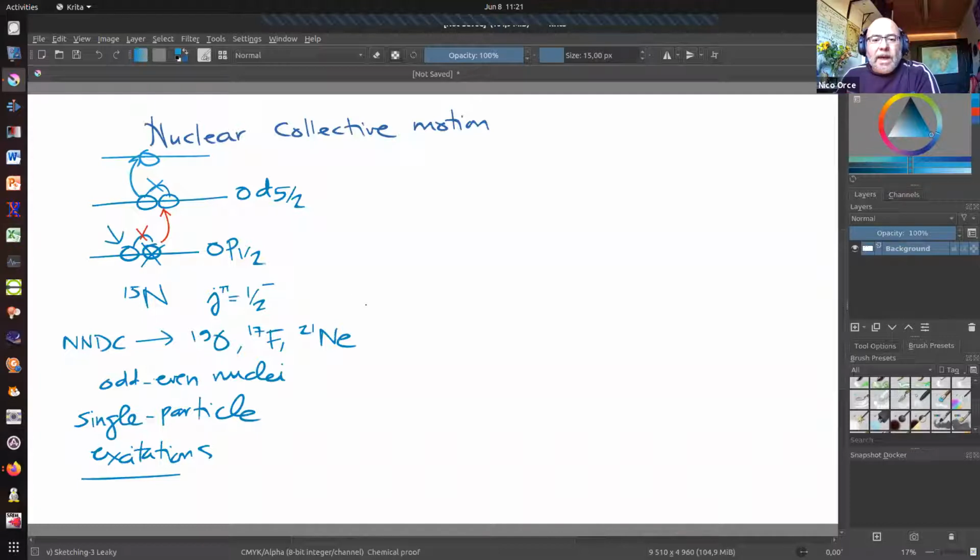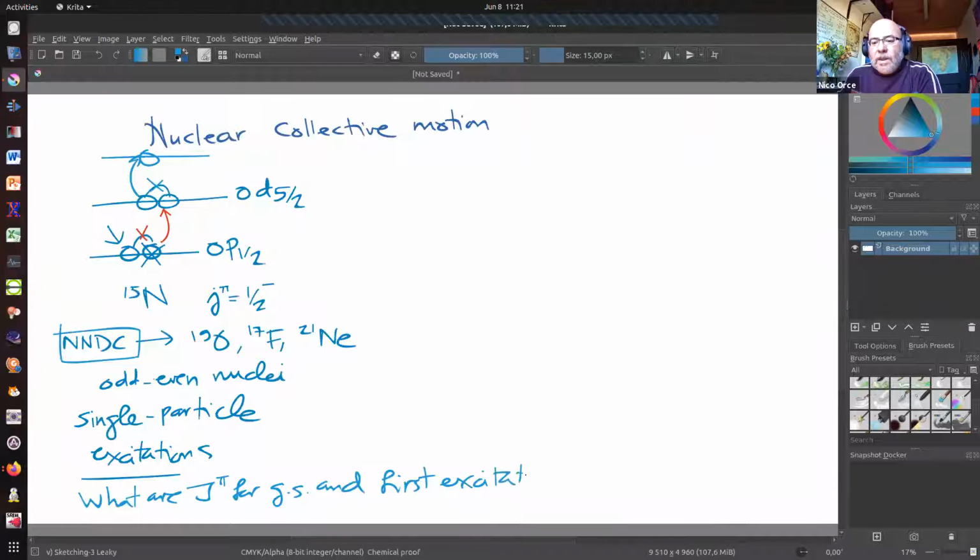But I want you to look at the NNDC online and check what are the ground states. So what are the ground states? Let's write it down here so we just have a little bit of space. What are J parity for ground state and first excitations in those nuclei, right?